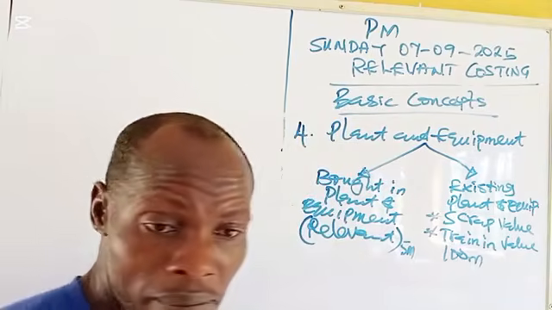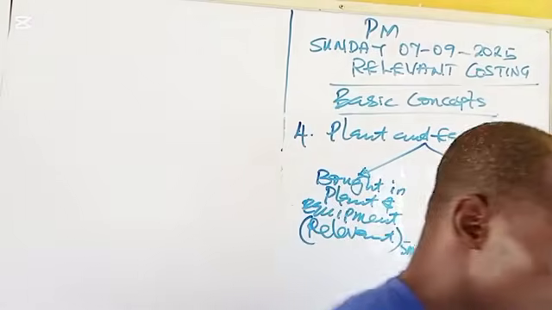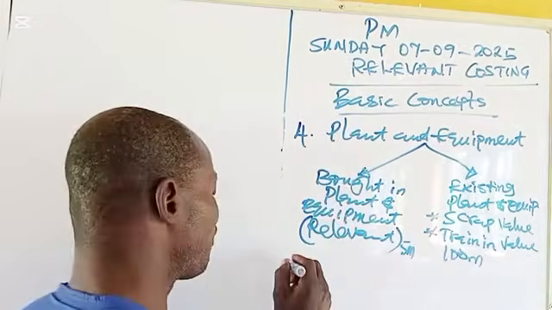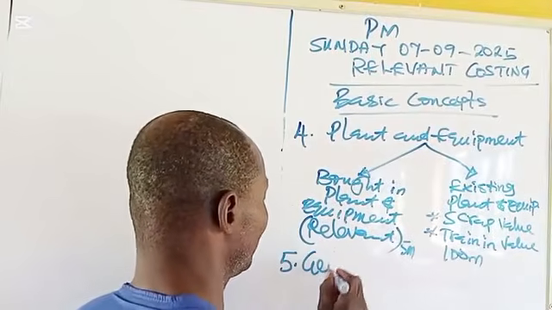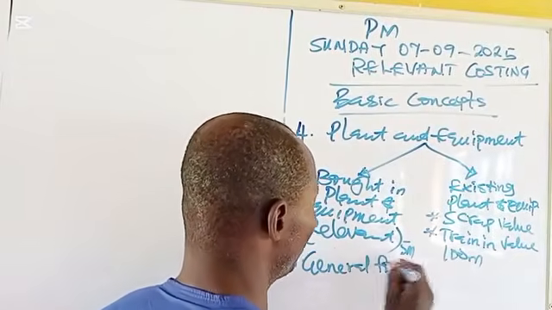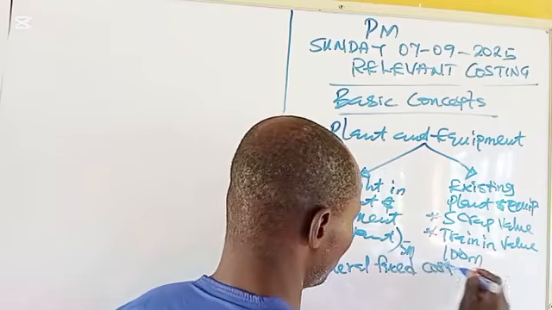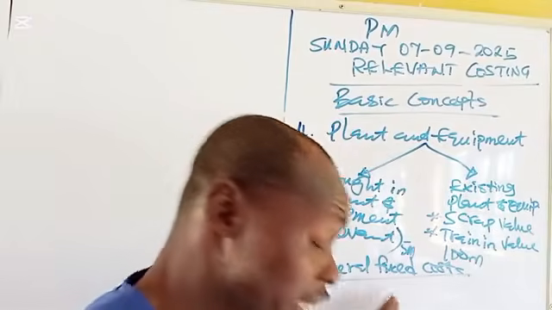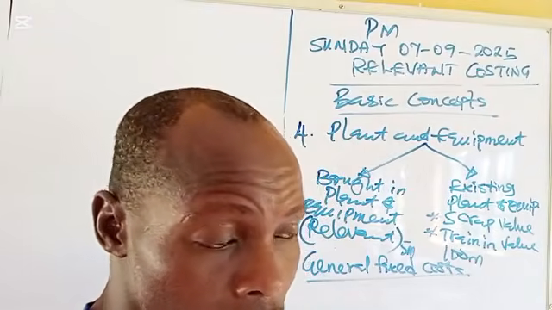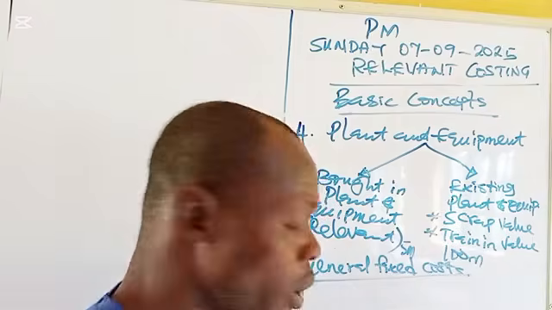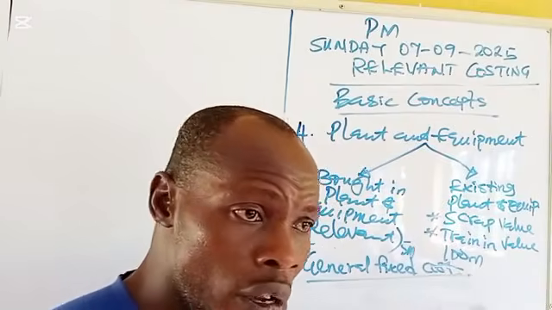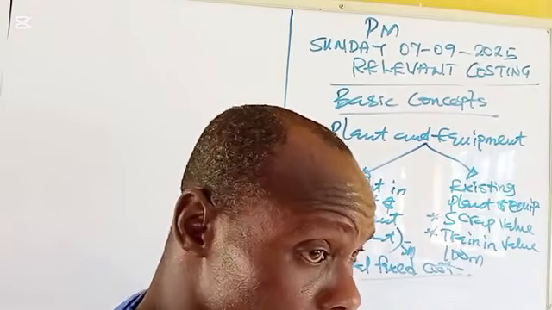Then number 5, we have general fixed overheads, or general fixed costs. These are costs that are generally fixed in nature, and we refer to them as general fixed overheads.